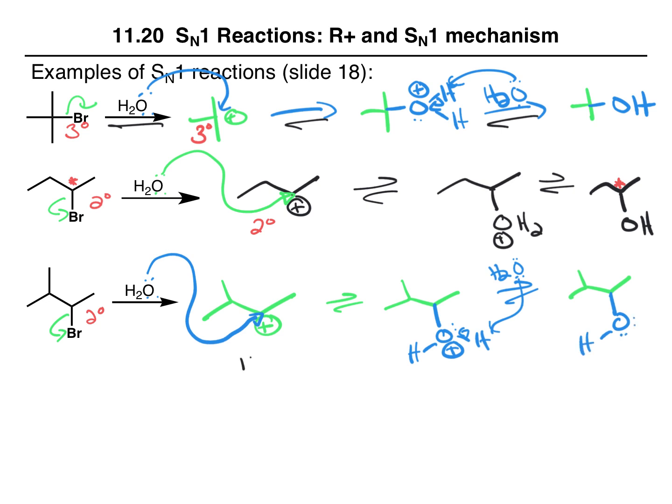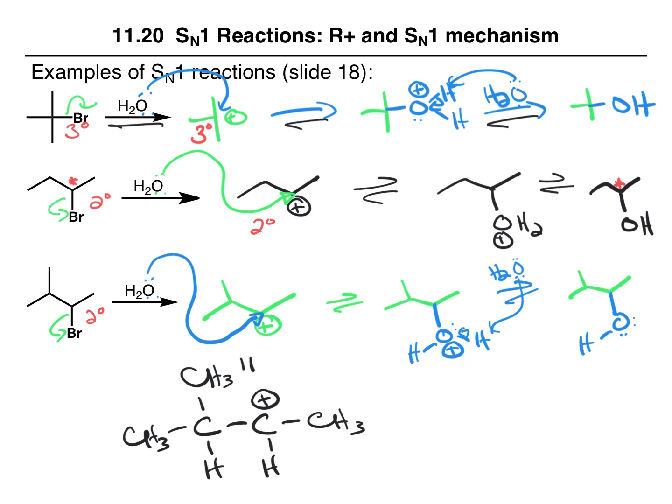Now I'm going to redraw this carbocation. So this is our positively charged carbon. It is connected to a CH3, a carbon, CH3, CH3. We must have one hydrogen here and one hydrogen here. This is a secondary carbocation.